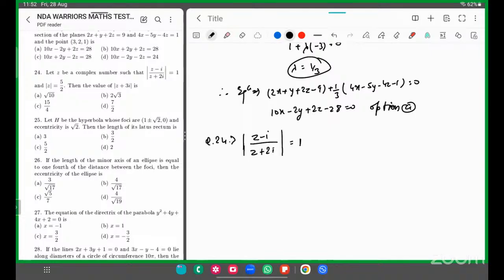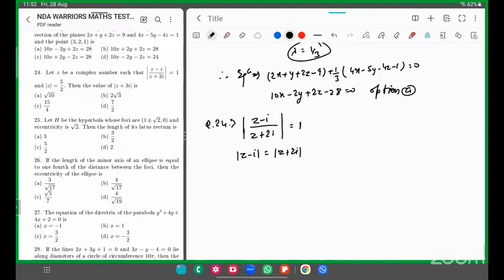Question number 24. How we are going to solve this? We can write it in this form, modulus of z minus i equal to modulus of z minus something squared. Okay, this is a standard equation. It represents a perpendicular bisector. You need to remember it.